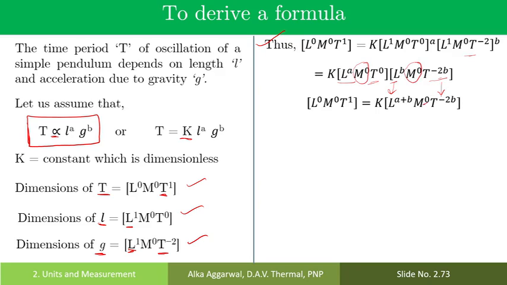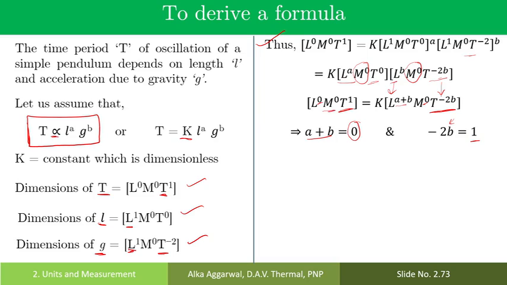Now the next step is to equate the powers of L on left hand side and right hand side, then the power of M on left hand side and right hand side, and the power of T on left hand side and right hand side. Now see, the power of L on left hand side is 0 and on right hand side it is a plus b. Similarly, the power of time on the left hand side is 1 and on right hand side is minus 2b.